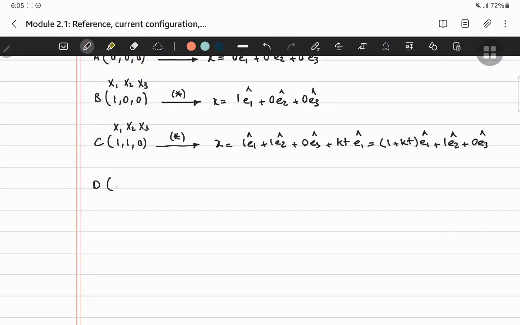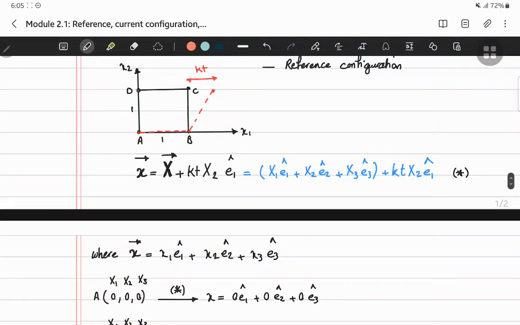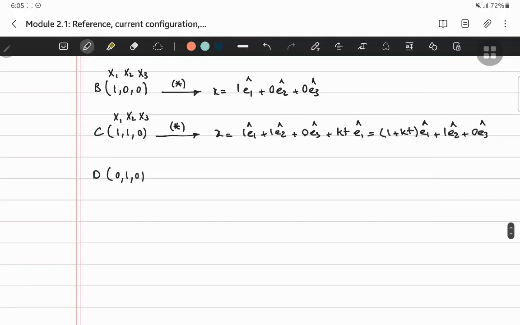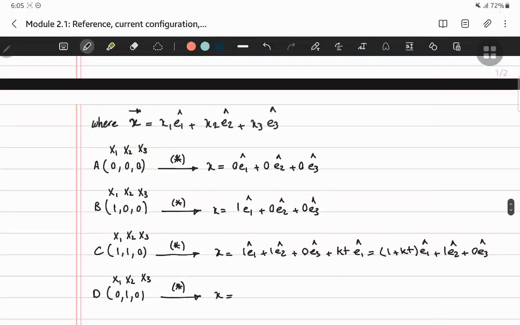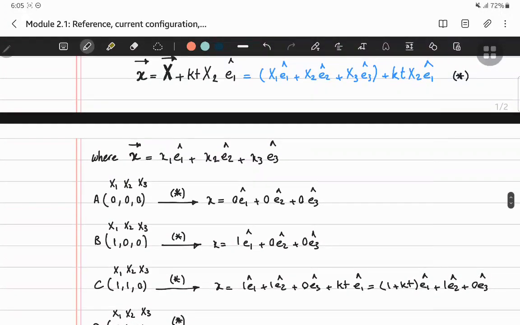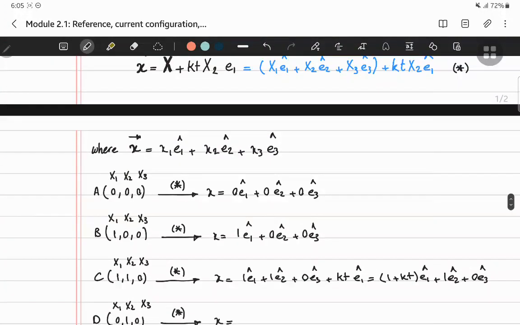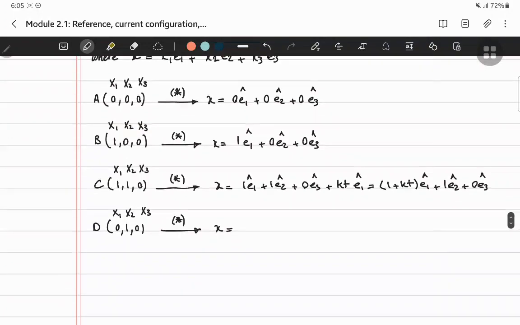So D has 0, 1, 0. This is the coordinate of D. This is x1, x2, and x3. This is the initial configuration. So we put it into the star equation, and we have, so only x2 is 1.